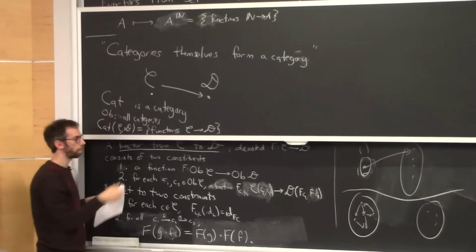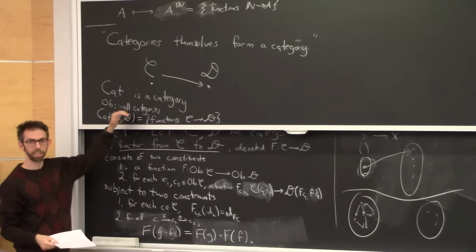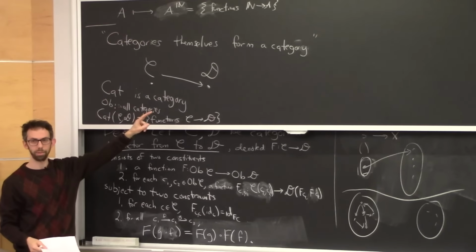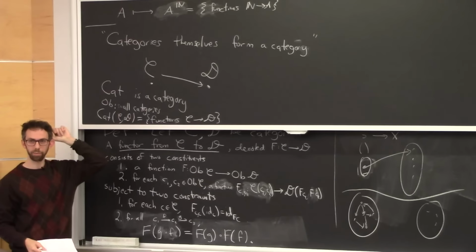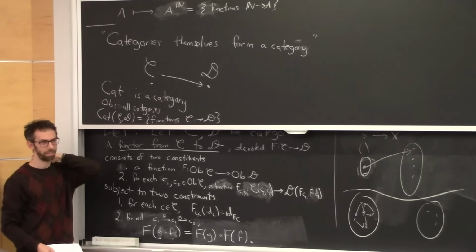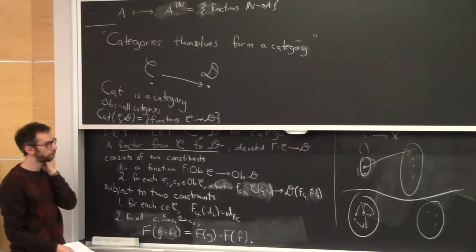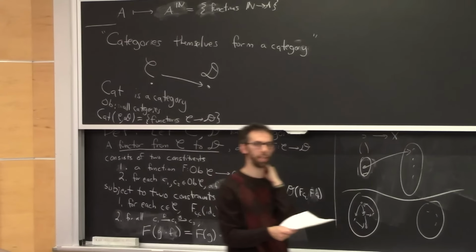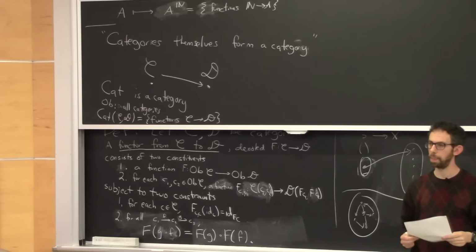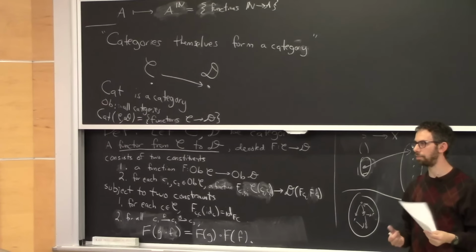So an object is a whole category, like C or Set. And a morphism from C to Set is a functor from C to Set. And you can compose functors, which I said over there, and you can have an identity functor for every object. And so it forms a category called Cat.